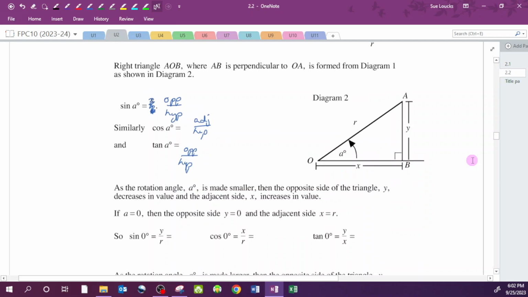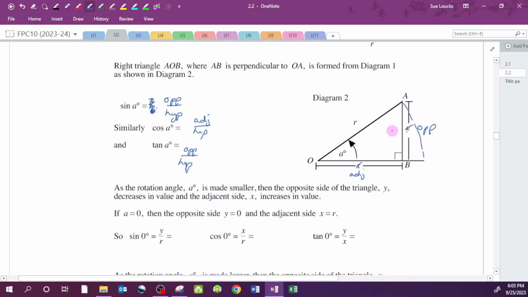So if we were to make this angle 0 degrees, if this angle A becomes smaller and smaller, this is the opposite, and this is the adjacent. As the opposite length gets smaller and smaller, the adjacent side is going to get closer and closer to r.